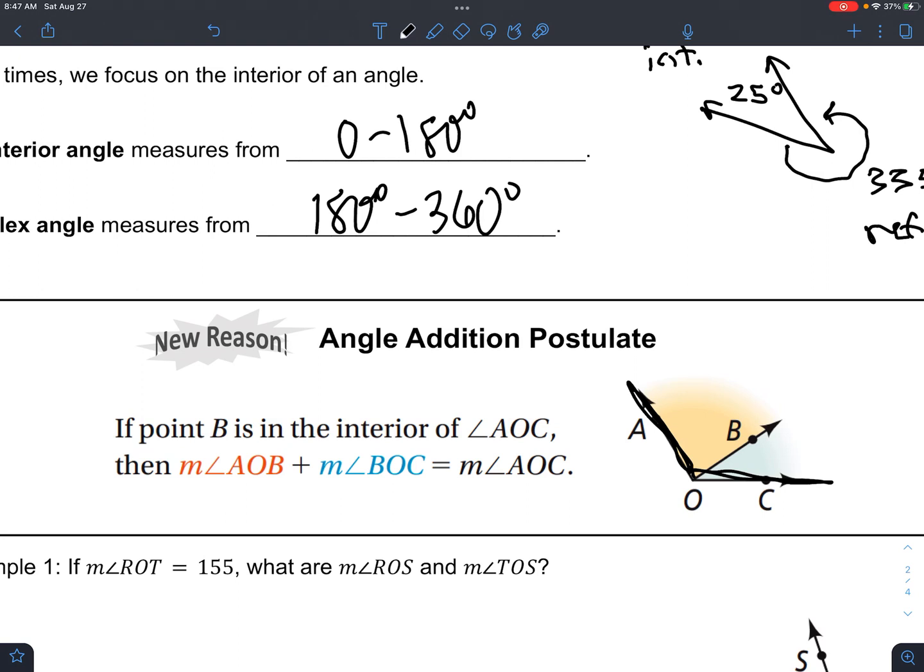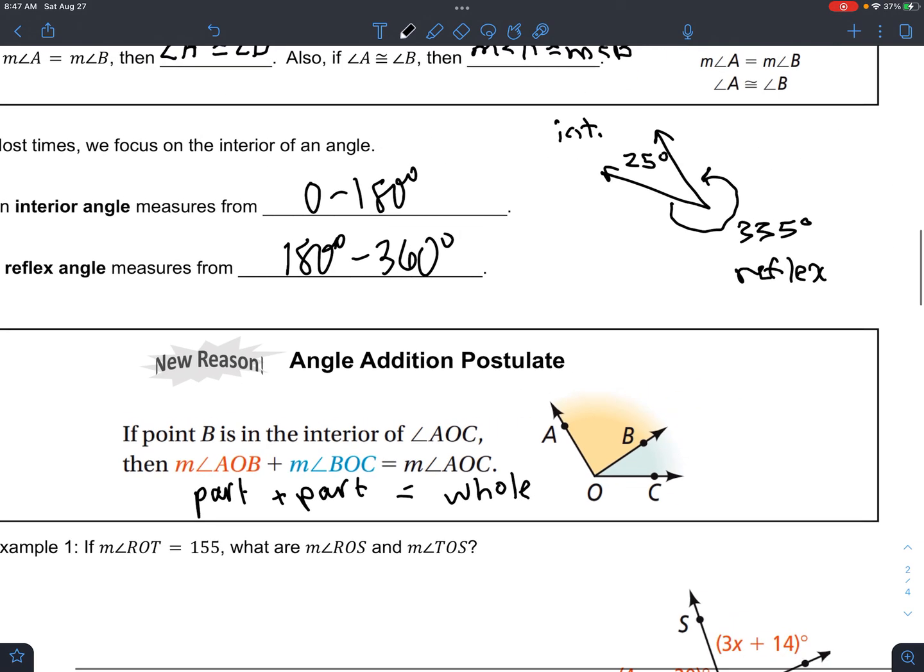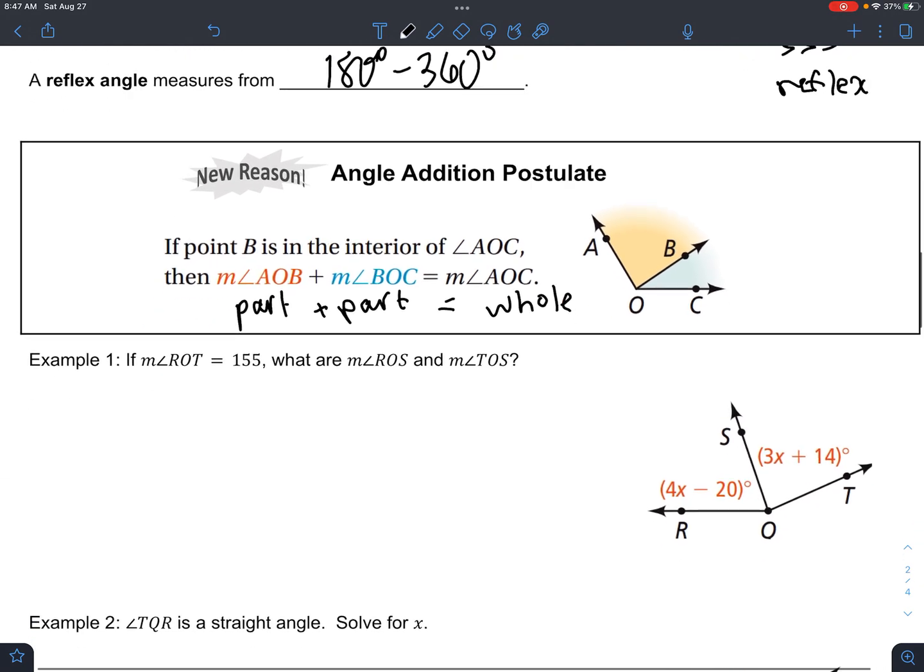But if B is in the middle there, then this yellow angle AOB, if you add it to BOC, their measures, you get the entire angle. So this is really just another way of saying part plus part is the whole.